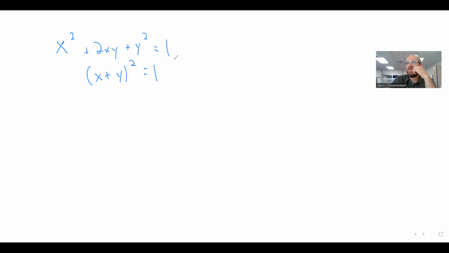Remember that if I'm reversing my foiling, I have to FOIL the binomial. X squared plus xy plus xy plus y squared. X squared, xy, yx or xy again. And xy plus xy is my 2xy.